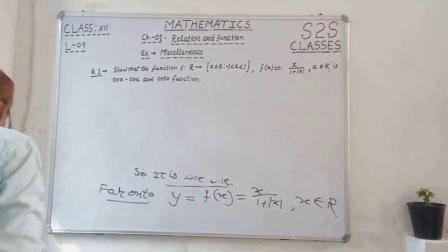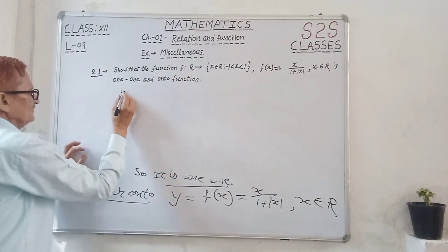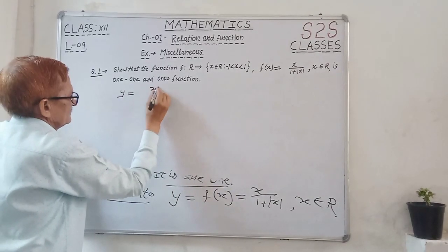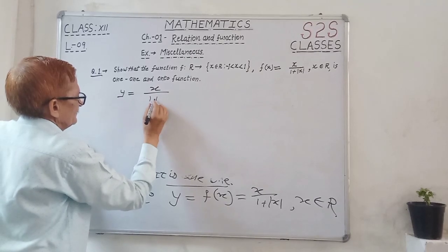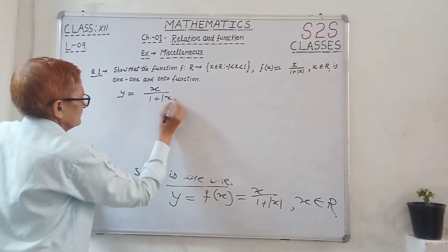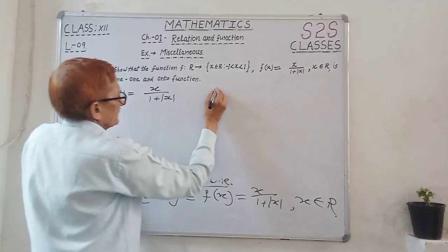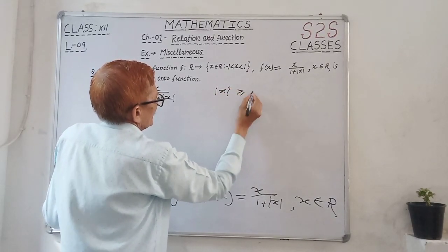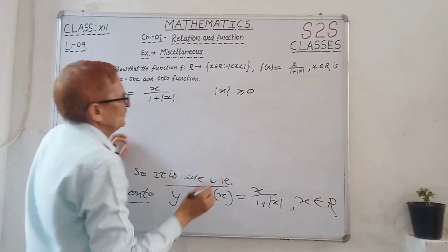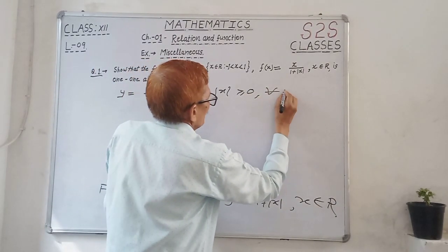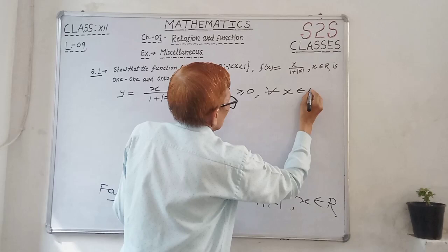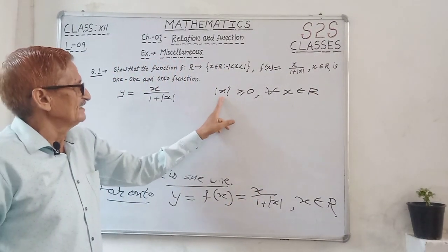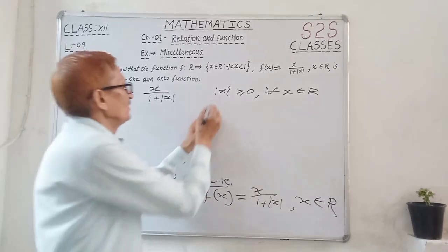Now, y equals x upon 1 plus mod x. Mod x will always be greater than or equal to 0 for every x belonging to the real numbers. If the real number is negative inside, then again the modulus will be positive.